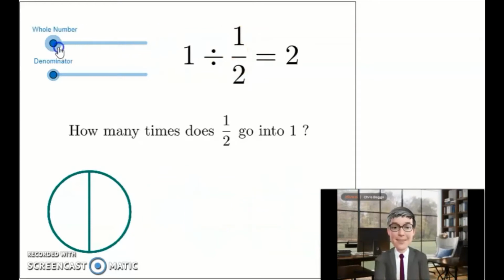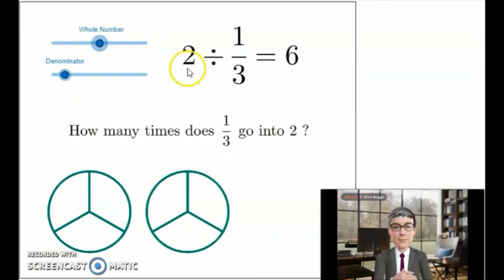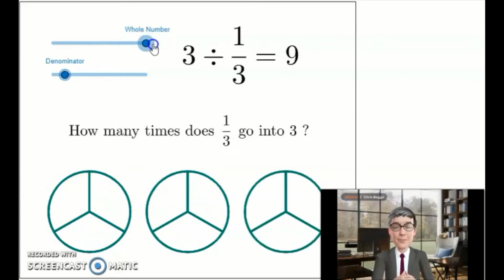Let's go back to just 1, and we'll divide it by thirds. Well, that's 3/3. Or 2 divided by a third, well, that's going to take 3/3 to make 1, 6/3 to make 2, and 9/3 to make 3.